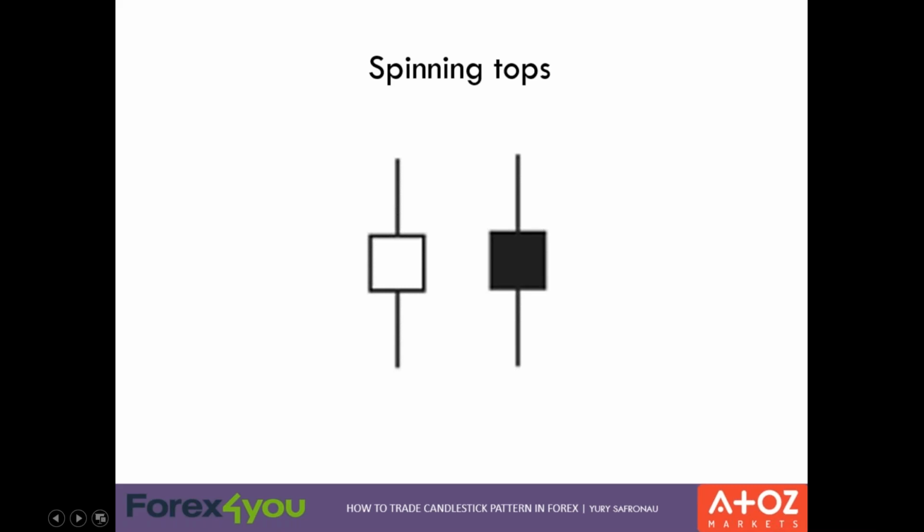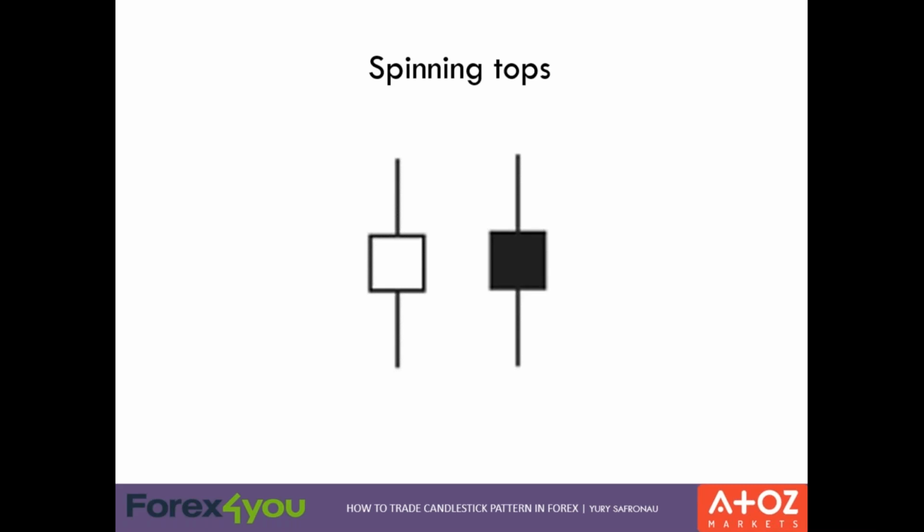Candlesticks with long upper shadows, long lower shadows, and a small real body are called spinning tops. One long shadow represents a reversal of sorts. Spinning tops represent indecision.